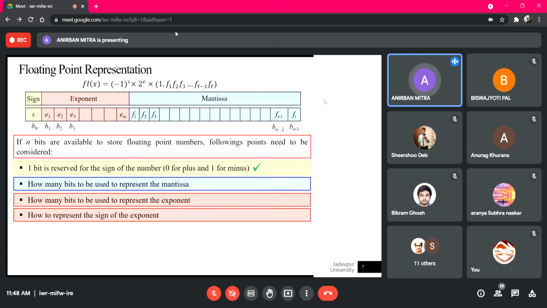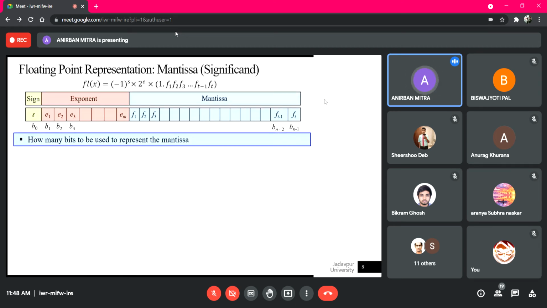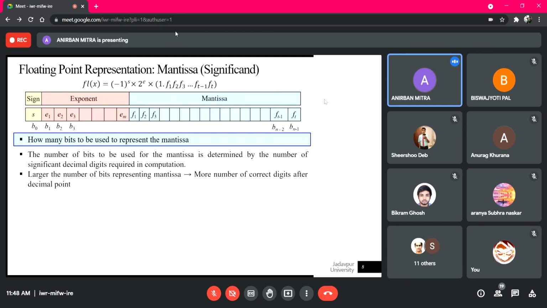As I said, the first point is already discussed, so we will move on to the second point. How many bits to be used to represent the mantissa? I have already mentioned that the larger the number of bits, the more accurate is the representation.